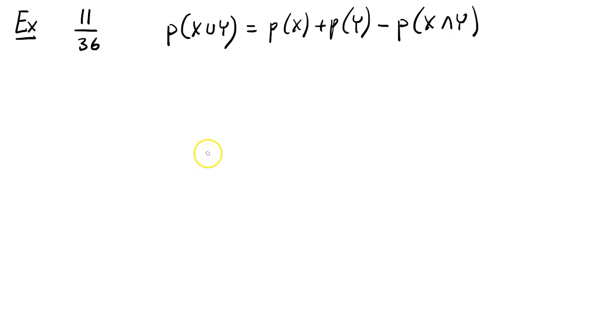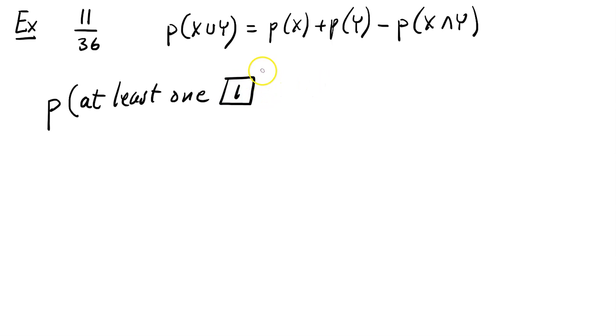Okay, but we can also use complementary events to figure that out. So the probability of getting at least one 1 on 2 dice.